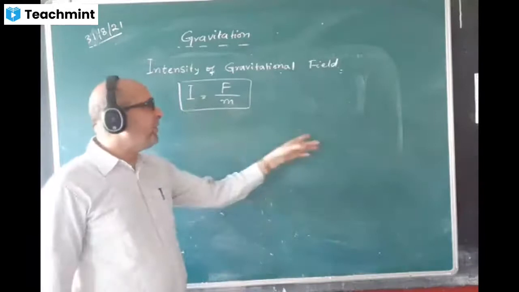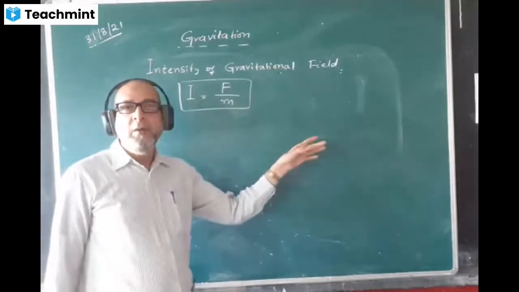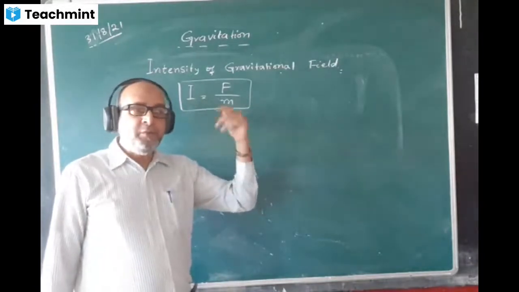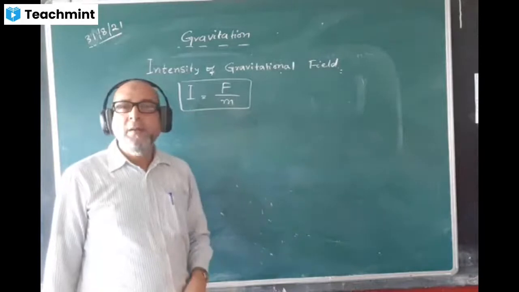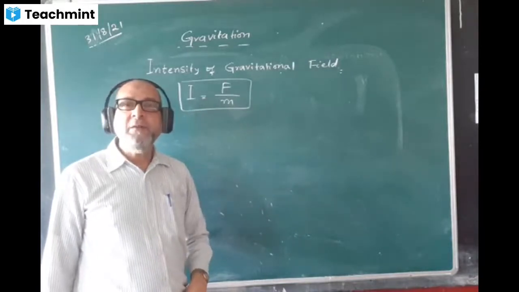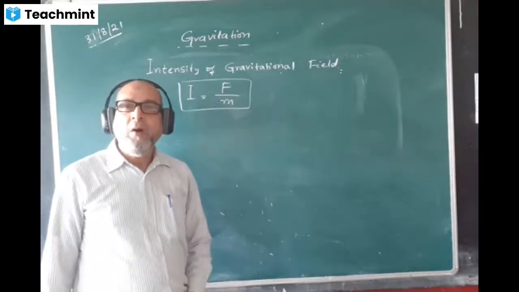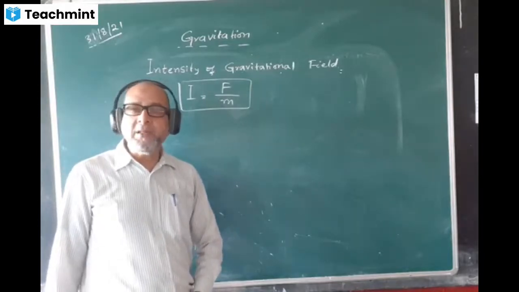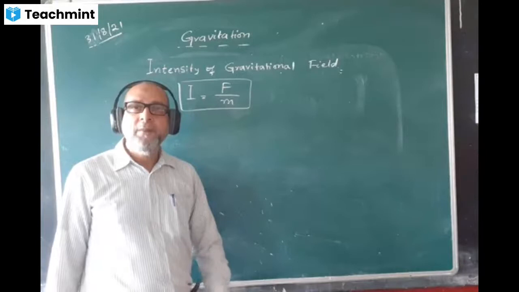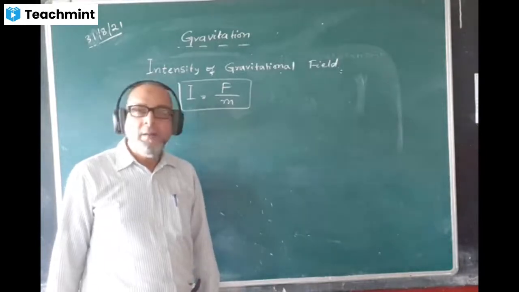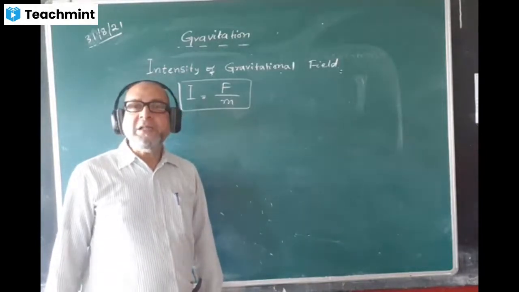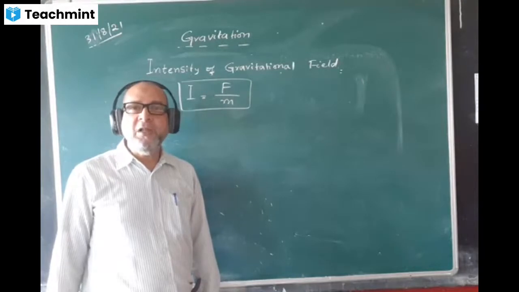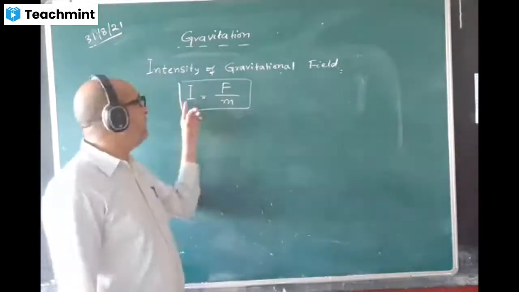Intensity of gravitation we find at a point. Write that: I equal to F by M.